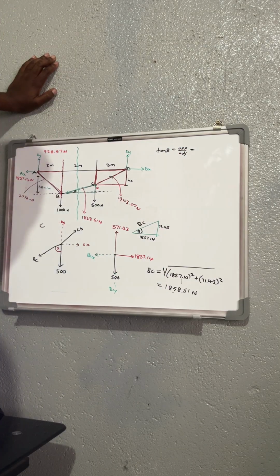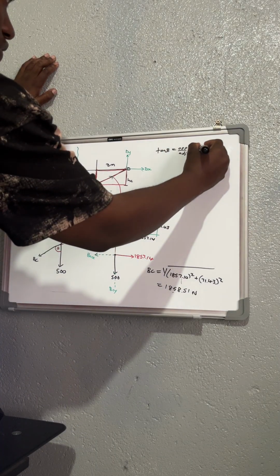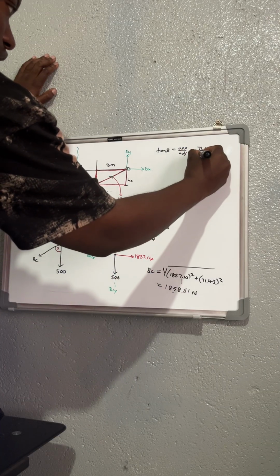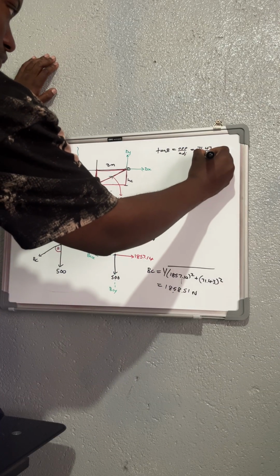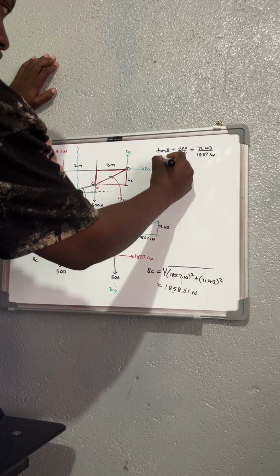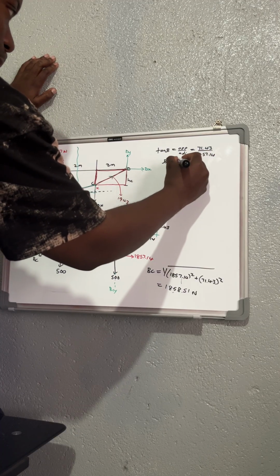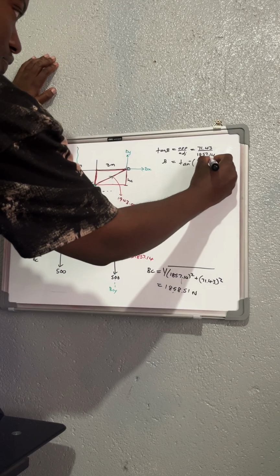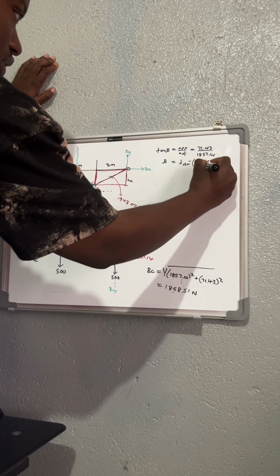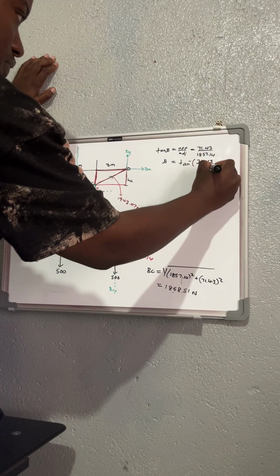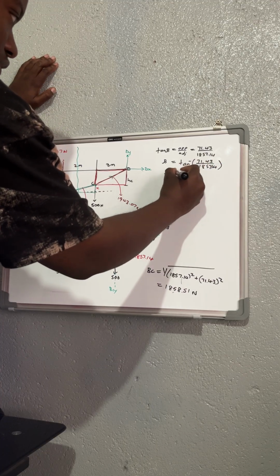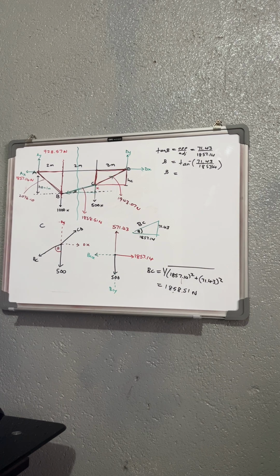Then you're going to have your 71.43 over your 1857.14. Then you know your beta is equal to the arctan of 71.43 over 1857.14. Therefore your beta would be equal to how much?